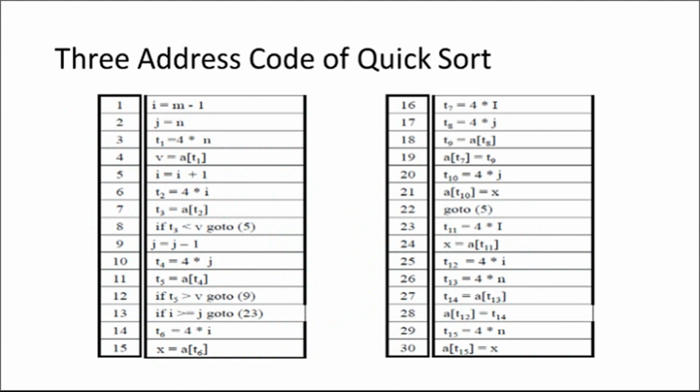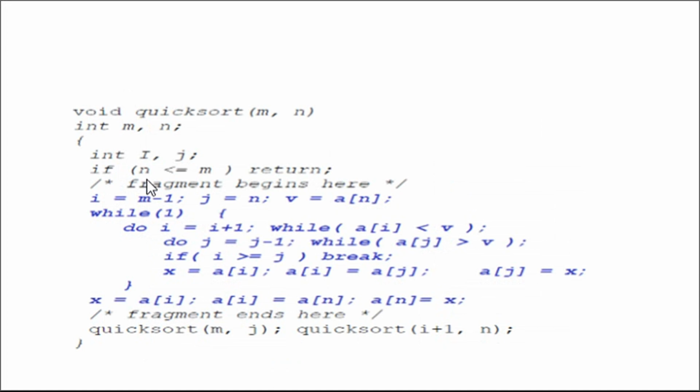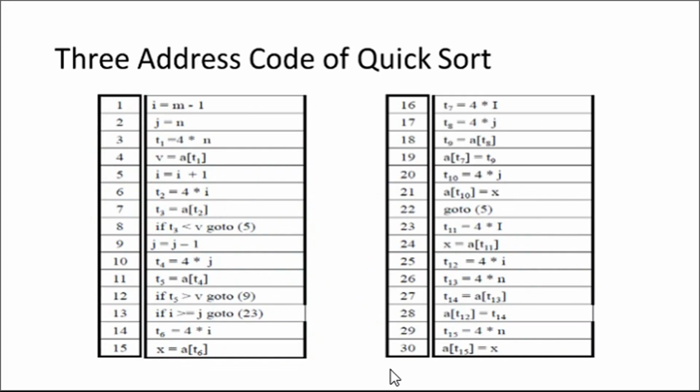For such a 3-4 line code, we are getting this 30 line three address code. Then we have to apply the code optimization technique, so it is a bit difficult for us. How do we compute which are the local common subexpressions and which are the global common subexpressions? That's why this is going to be converted into basic blocks. Let me show our rules.